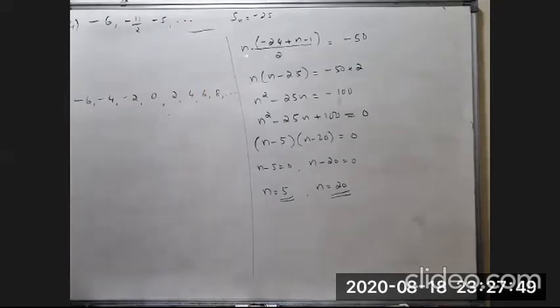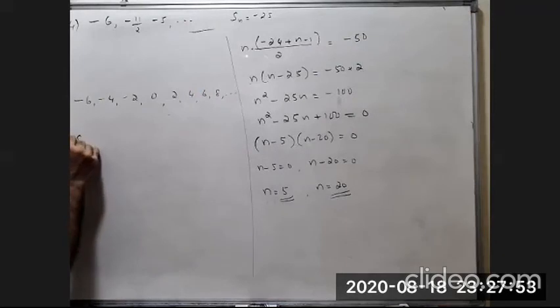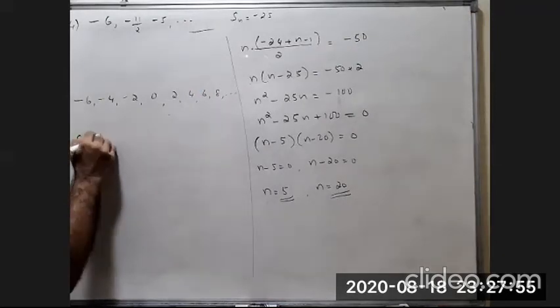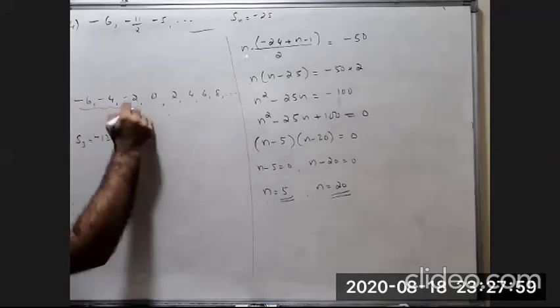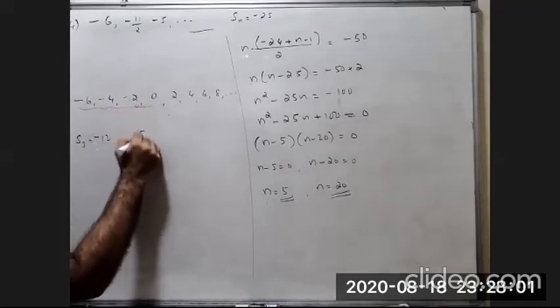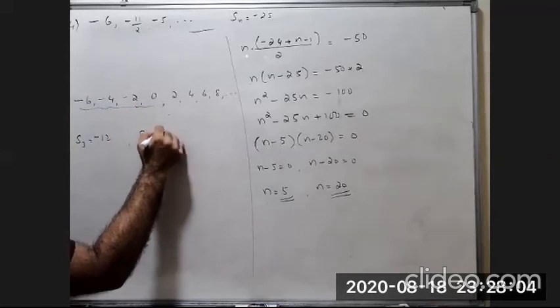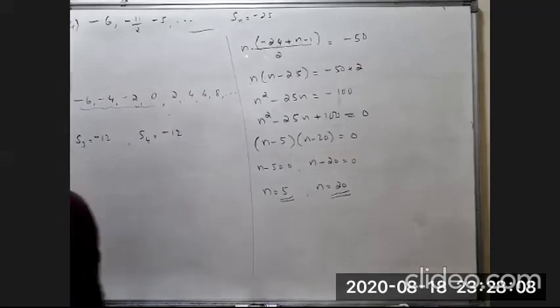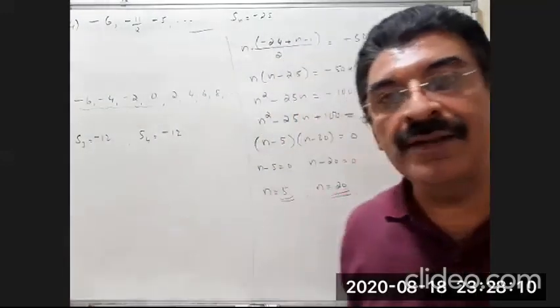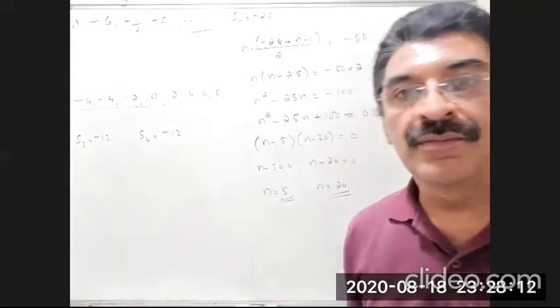Sum of first three terms is minus 12. If I take the sum of first four terms, that's also minus 12. So in this AP, the sum of three terms and the sum of four terms are the same.